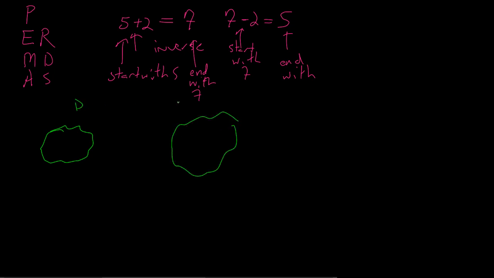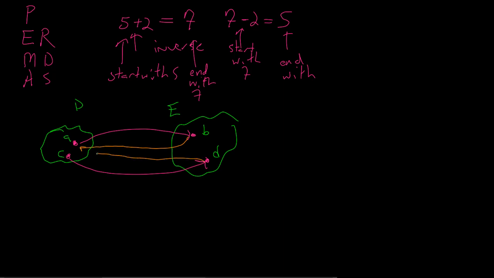If I have my 2 sets of numbers, and I have some function, and if I start with A and end with B, or I start with C and end with D, it would be nice if I could define something that starts with B and ends with A, and starts with D and ends with C. If I can invert operations I do, wouldn't it be nice if I could invert functions?